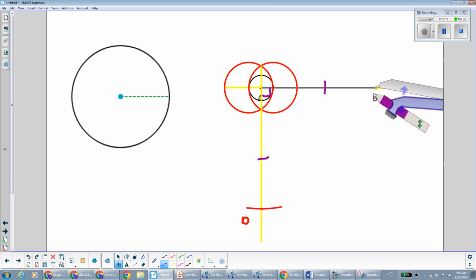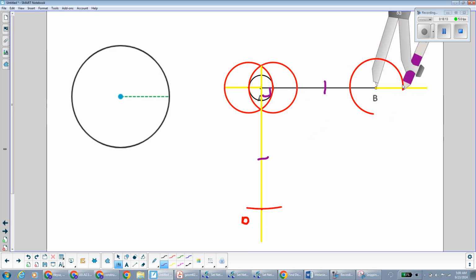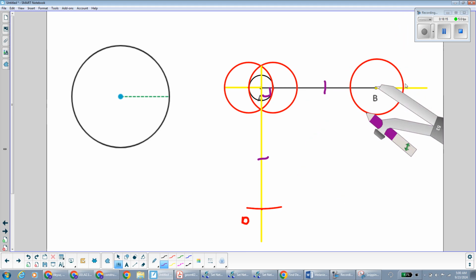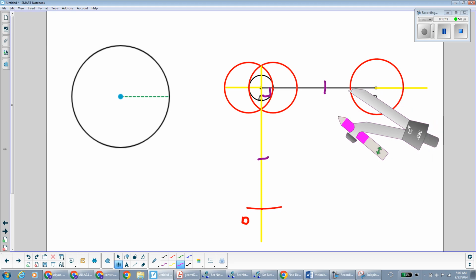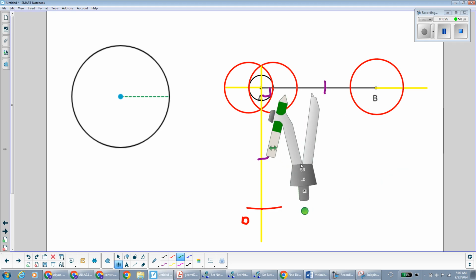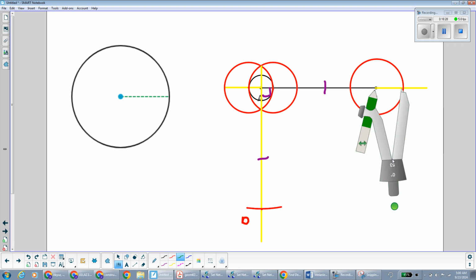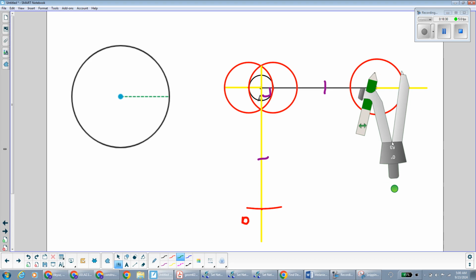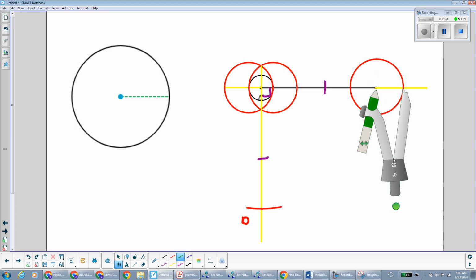Put your compass on point B, make a circle. It just has to intersect in 2 spots. Open up the width of the intersection.